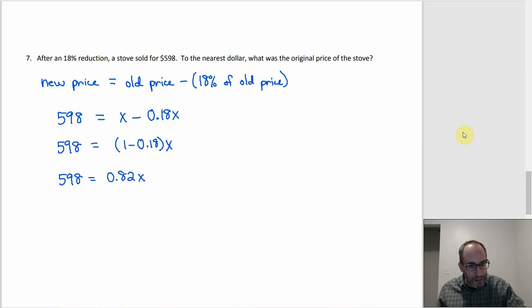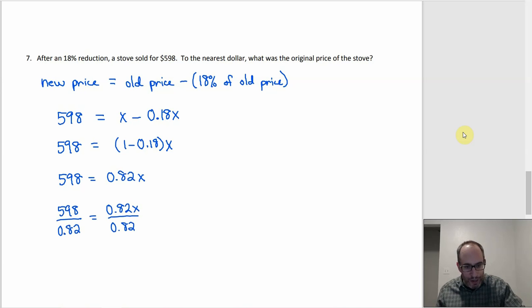But then that means that if we divide both sides by 0.82 to get x by itself, so we'll have 598 over 0.82 equals 0.82x over 0.82.